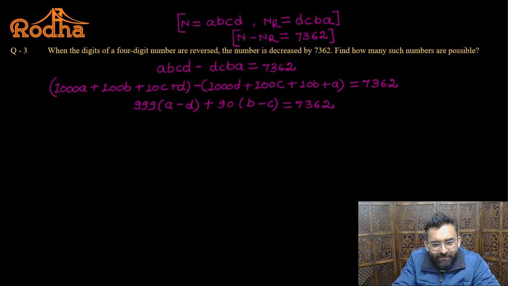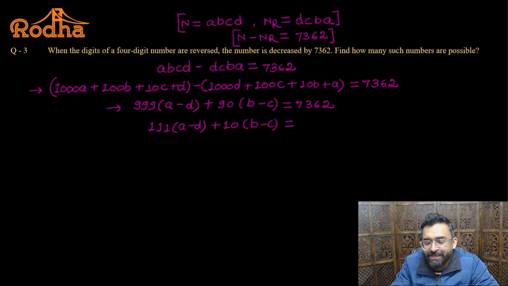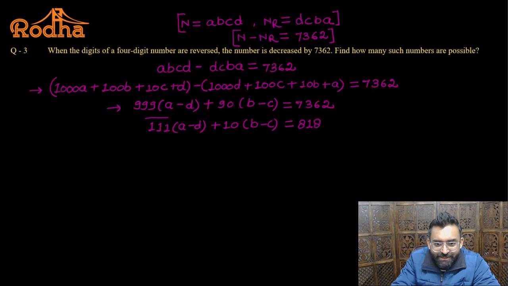It has to be a multiple of 9, otherwise the data will be inconsistent. Do you agree with this? So dividing by 9, what will it be? 111 times (A minus D) plus 10 times (B minus C), divided by 9. 9 8s are 72, I'm left with 1. 9 1s are 9, I'm left with 7. 9 8s are 72. 818 is the equation I'm going to get here.